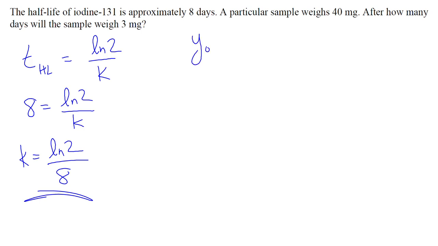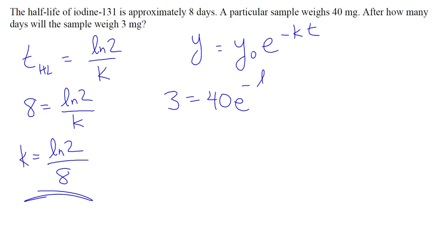y is equal to y naught e to the negative kt. This is just an exponential decay formula. So y, our final amount, is 3 milligrams. Our initial amount is 40 milligrams. We have e to the negative ln 2 over 8 times t. And we're just solving for t.